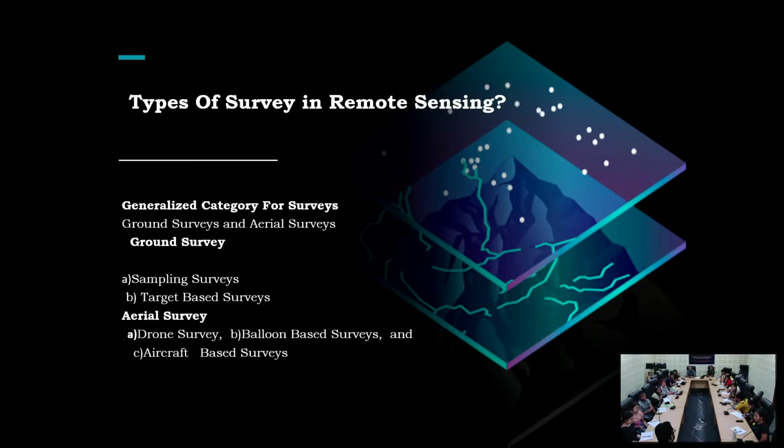That's it. In simple words, a camera is attached with the aircraft to take aerial survey or aerial photograph. That's it. In one word, that is called aircraft based survey.